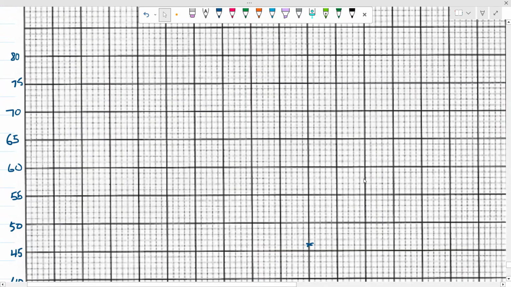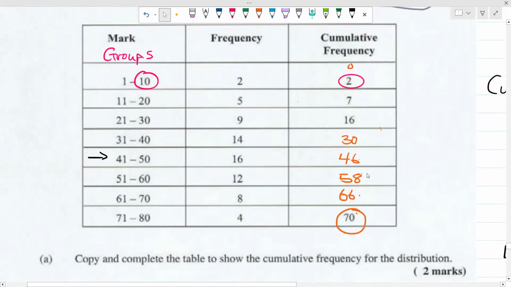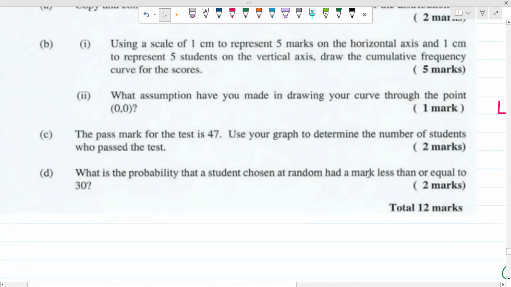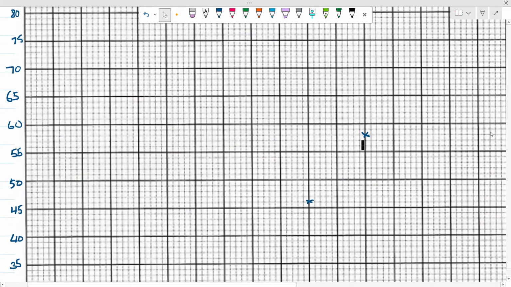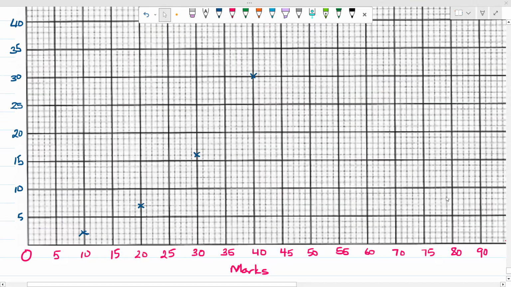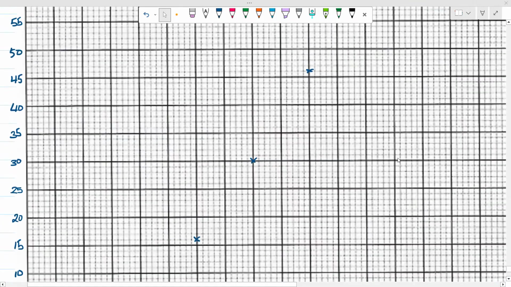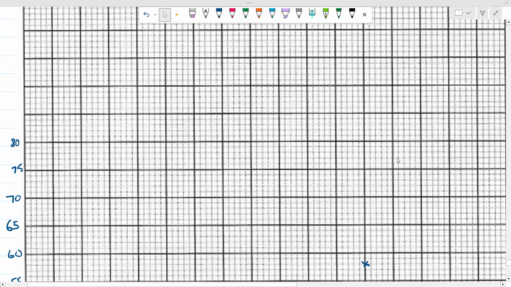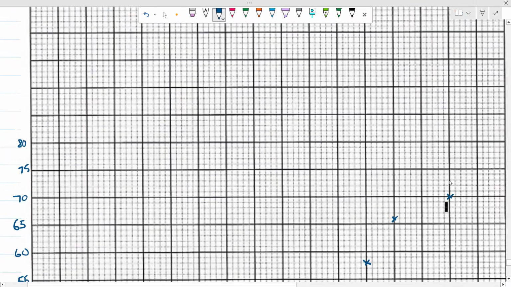So this is 59. This is 58 here. 70 and 66. This is 70 here, and we're going up to 66, which is right here. And the last one, obviously, had to add n at 70, right? Which is going to be here. Seen it?